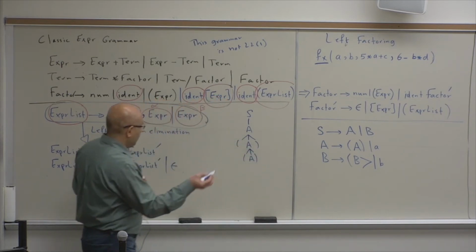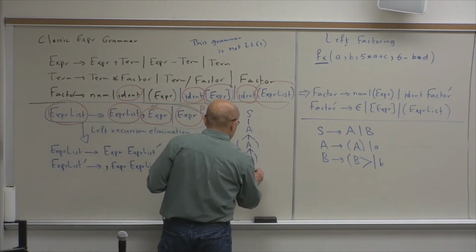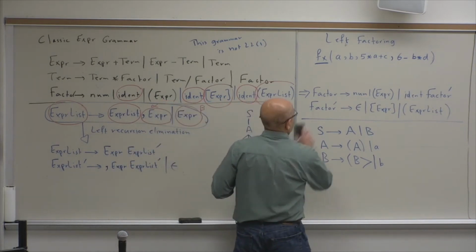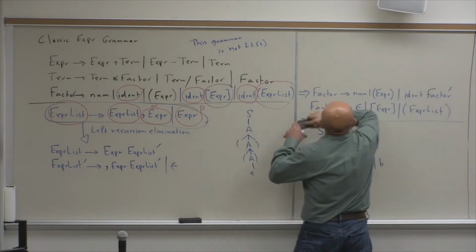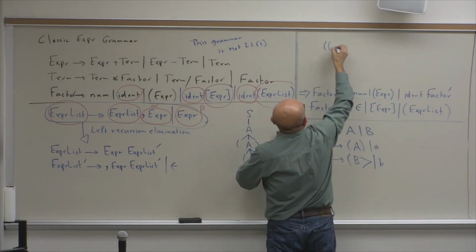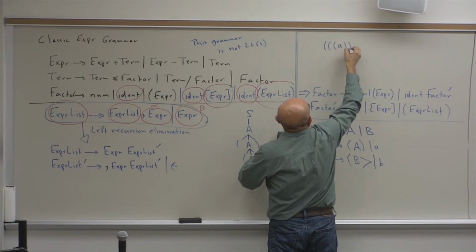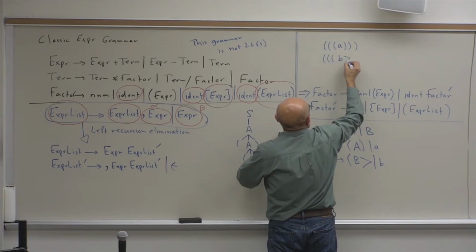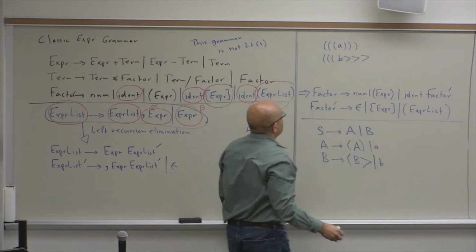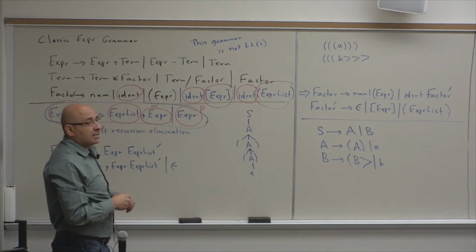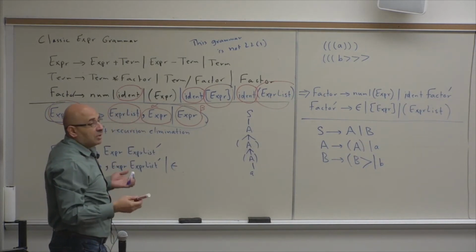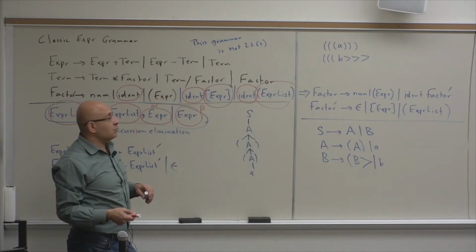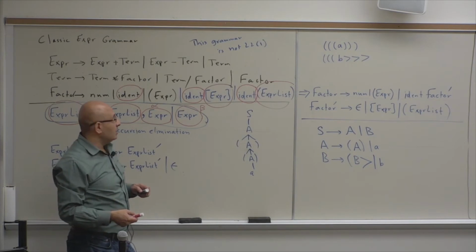You can put as many parentheses as you want, then you substitute an A. So if you have a string like this, and a string like this, and you are trying to parse this string, and you are seeing open parentheses, will you know which one to substitute?